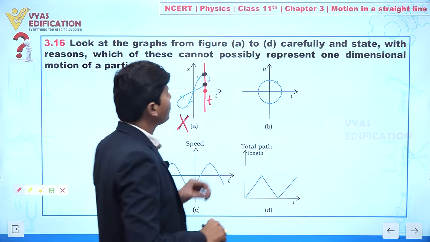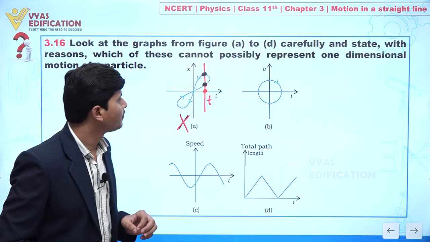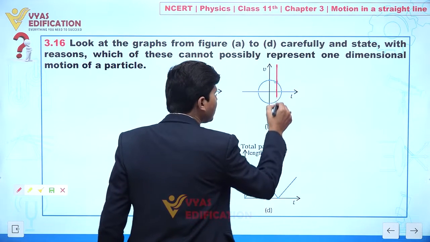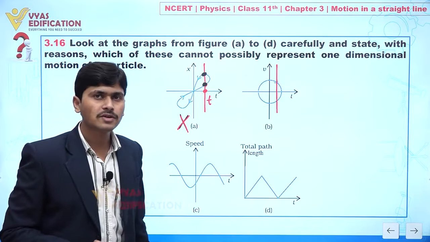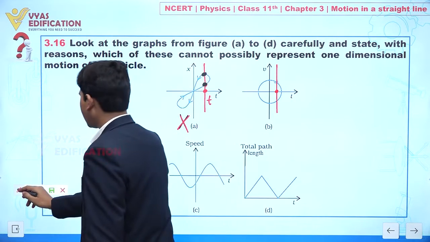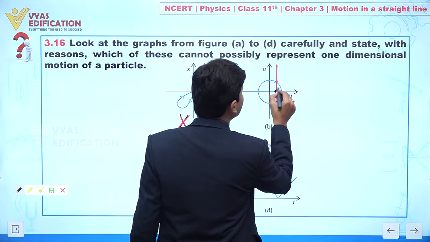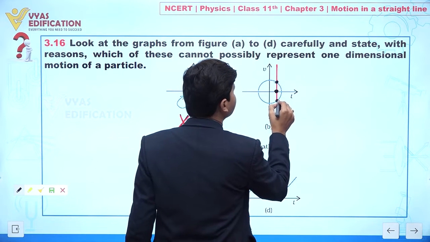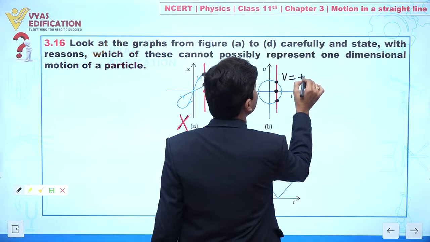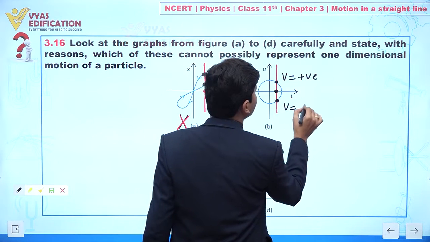Clear? Now if we move to graph number B, let's suppose again I draw a line that is parallel to the velocity axis. We can see at a particular time we are actually getting two velocities. Clear? One velocity is positive and this one is negative velocity.